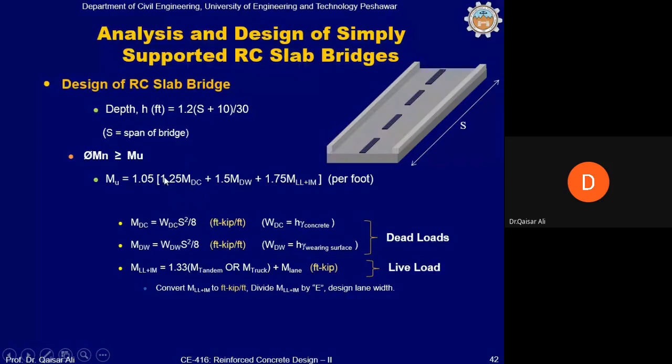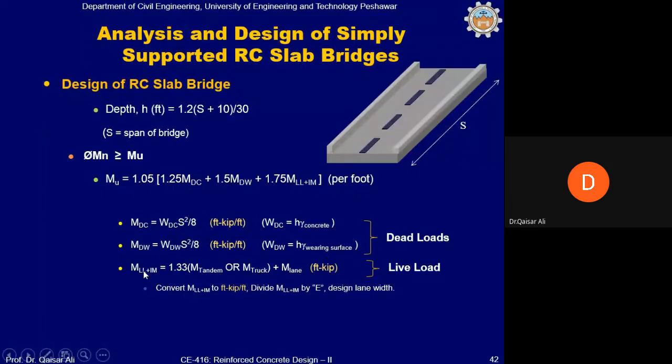MDC is calculated as WDC, which is the self weight of the bridge, multiplied by S squared, the span length, divided by 8, because it is a simply supported bridge. And WDC is h times gamma of concrete. MDW is WDW S squared divided by 8, and this is the wearing surface load and bending moment.